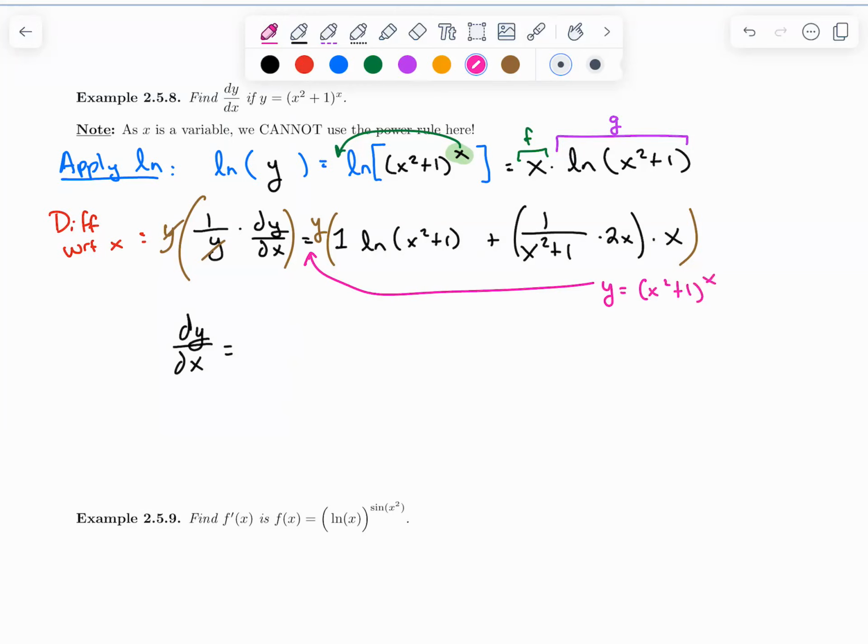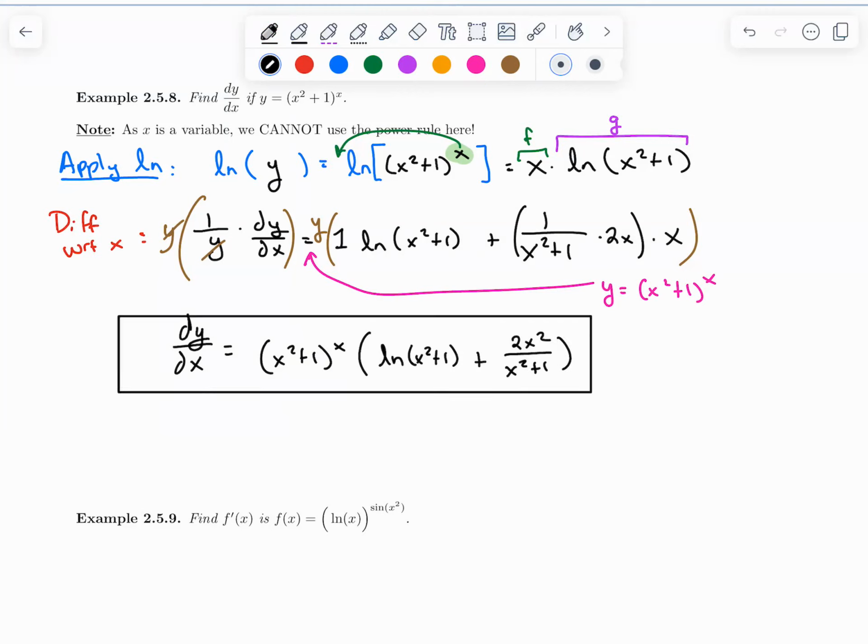So just like with logarithmic differentiation, we rewrite y as what it is. y from the original problem statement is x squared plus 1 to the x. So to make this look pretty, x squared plus 1 to the x times natural log of x squared plus 1 plus 2x squared over x squared plus 1. And that is our answer.